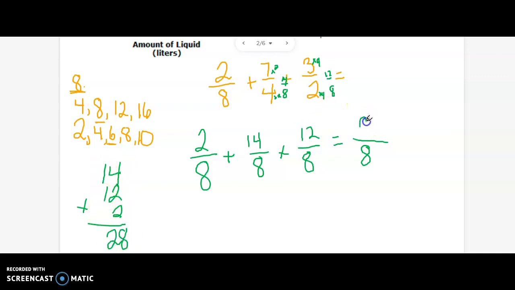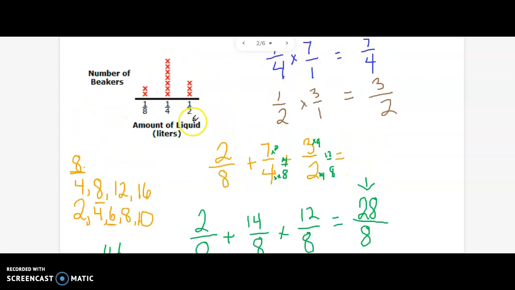So I've now got 28 over 8. I'm not done yet. I could turn this improper fraction into a mixed number, but I'm not going to. This is how much liquid we have in all in fraction form, 28 over 8 liters.